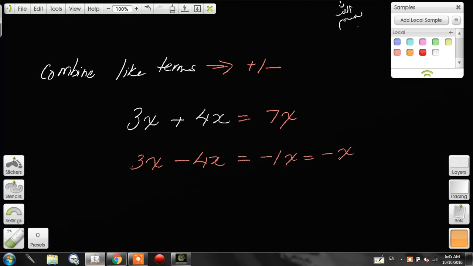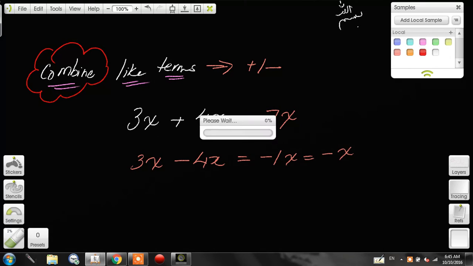See, you can write this as this with the invisible 1 over there. Okay? So like terms are very important because you can combine them. So repeat these words, combine like terms, because they are very helpful in solving equations.